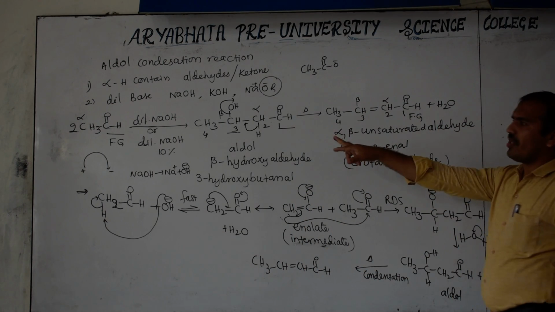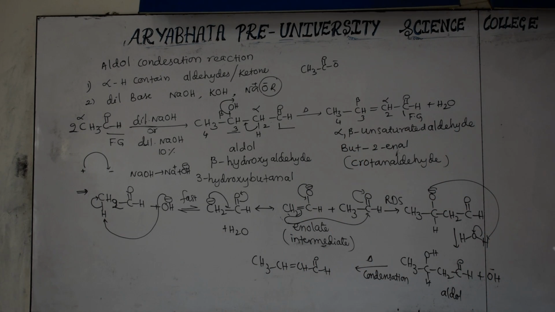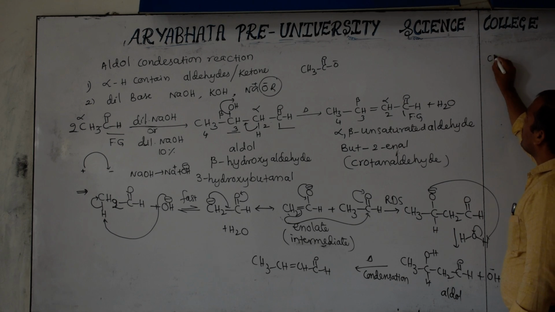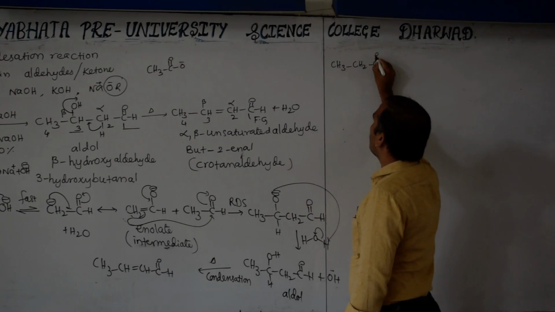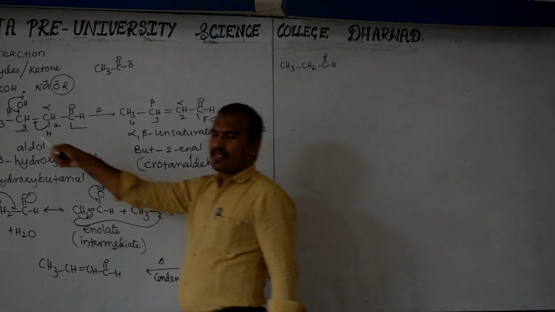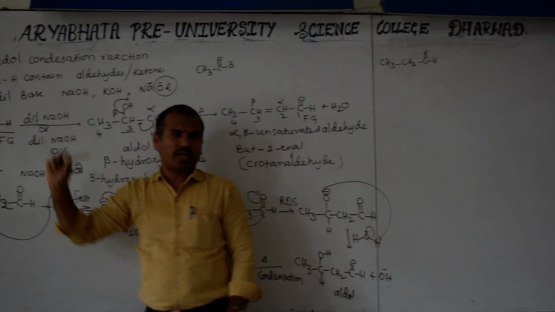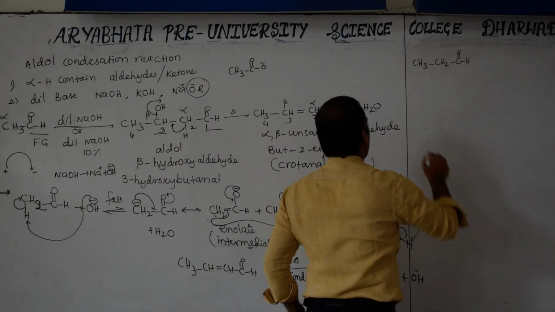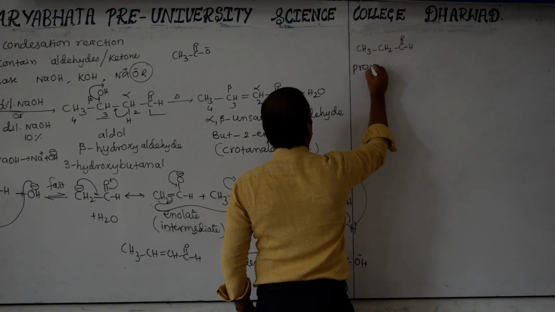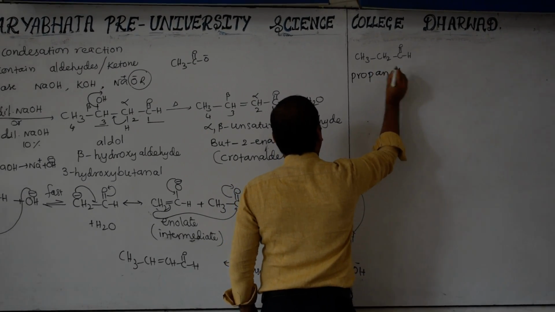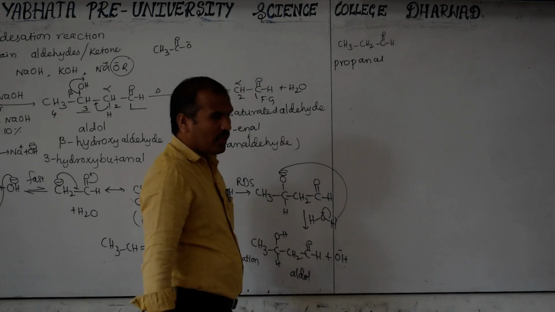Now, I took one example here. The second example is CH3CH2C double bond OH, whose common name is propionaldehyde. Otherwise, the IUPAC name is propanal.